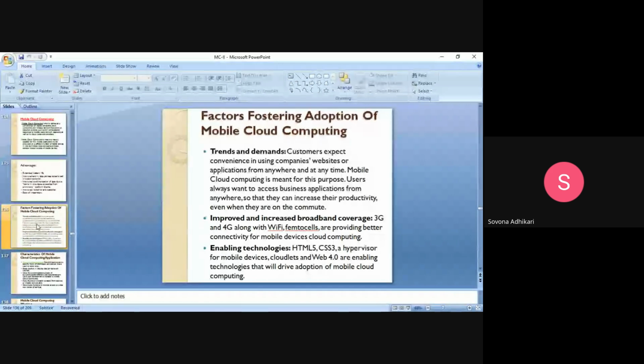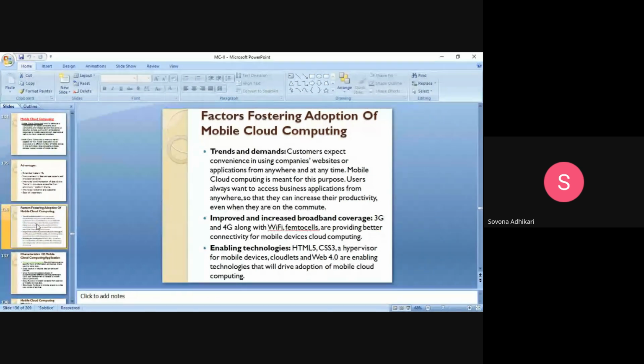Factors fostering adoption of mobile cloud computing. Why do we adopt mobile cloud computing? First is trends and demands. Customers expect convenience in using a company's website or application from anywhere and at any time.